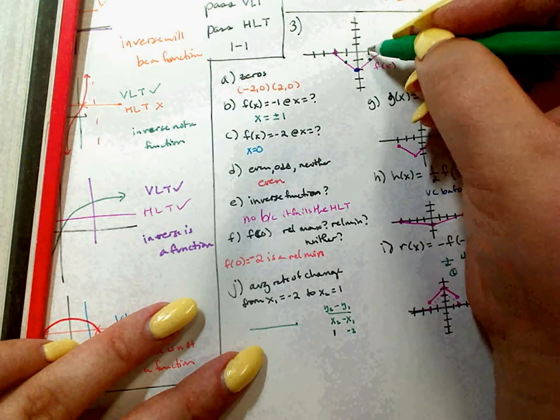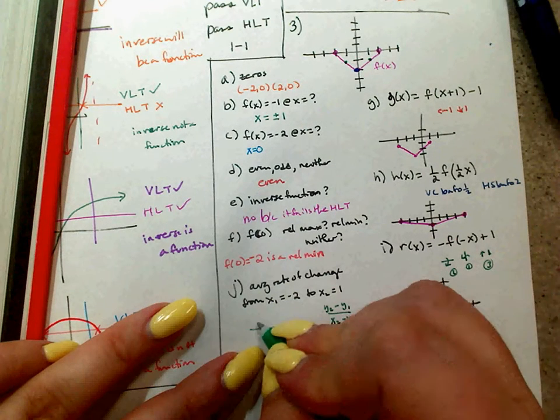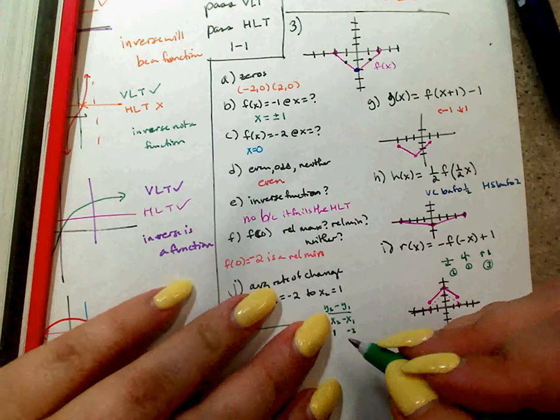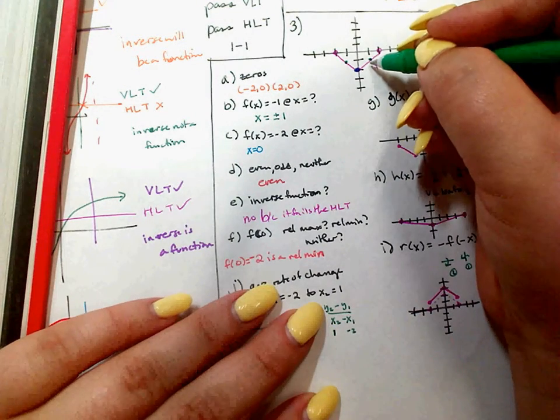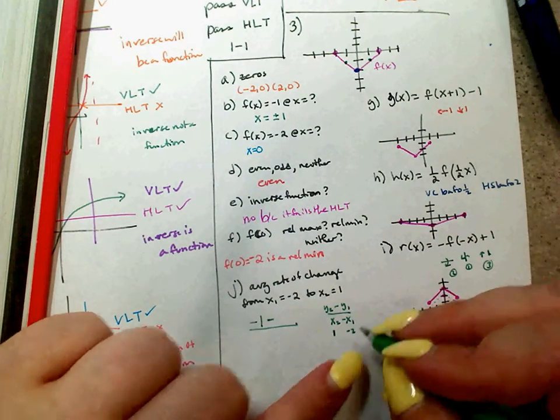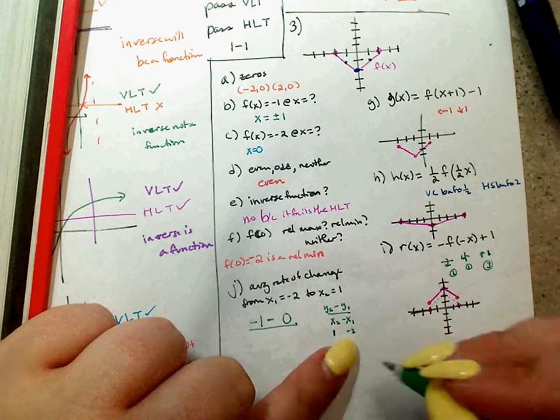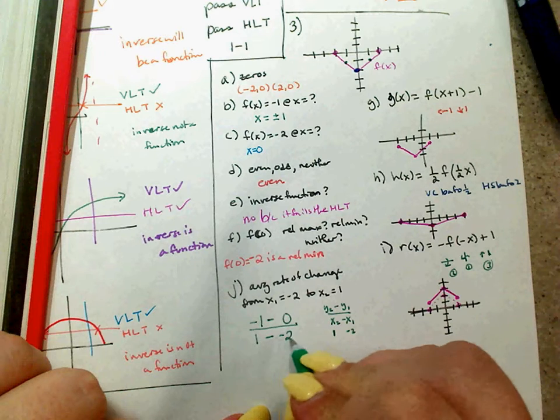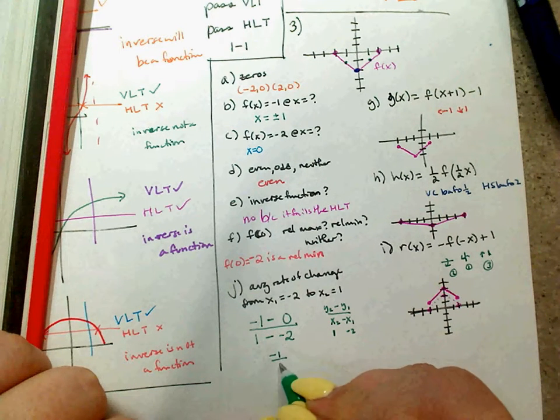So when x is 1, y is negative 1. Minus, when x is negative 2, y is 0. Over x2 minus x1. So it'd be negative 1 minus 0, which is negative 1, over 1 plus 2, which is 3. So the average rate of change is negative 1/3.